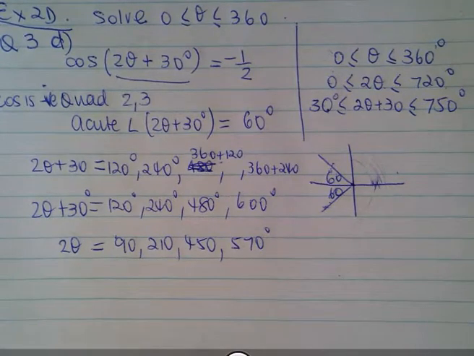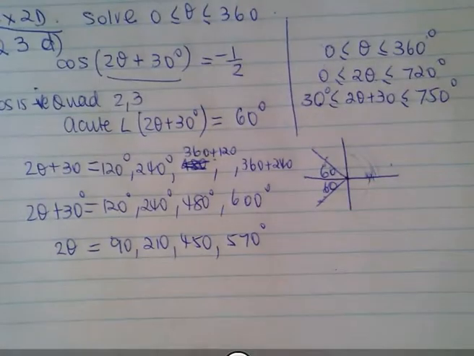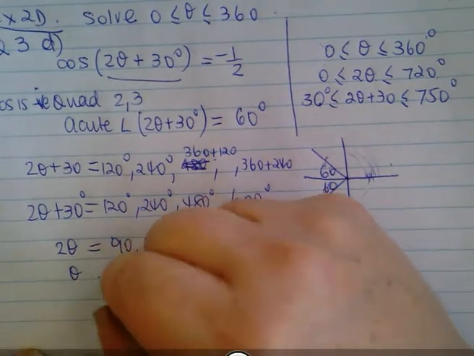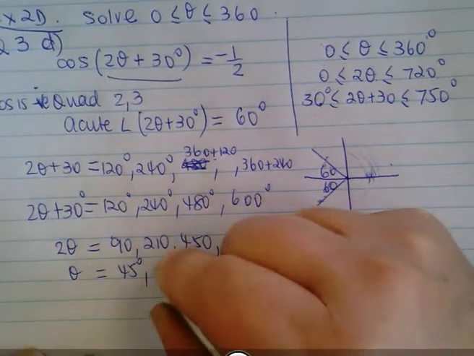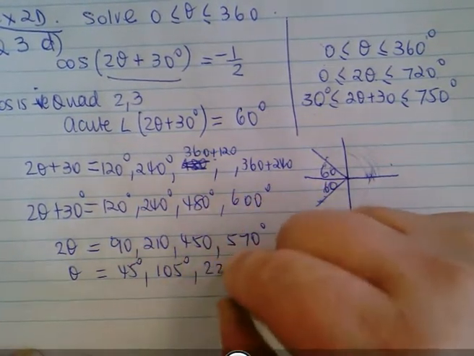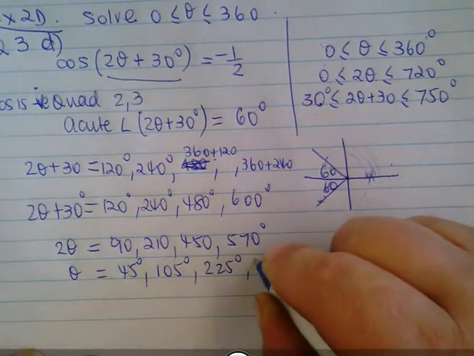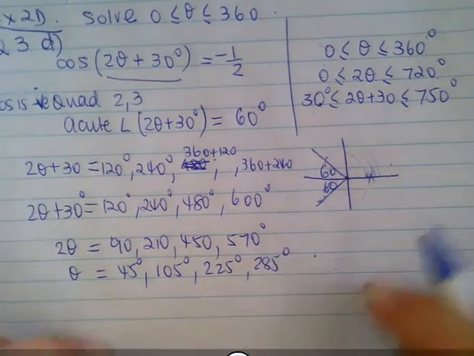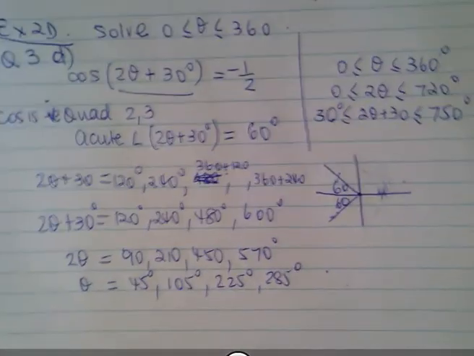But now we've done a combination. Still the steps are the same. You just go cos of that thing. So theta will be divided by 2, which is 45, 105, 225, and 285, which all fit in the domain. All right, so that's how you do those ones.